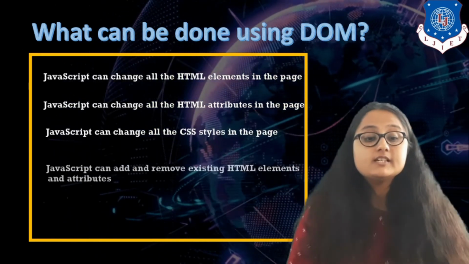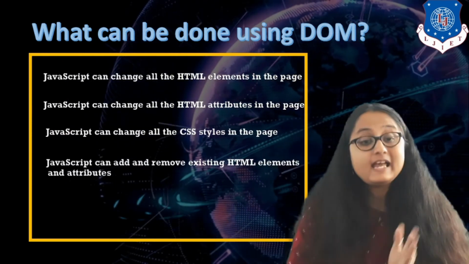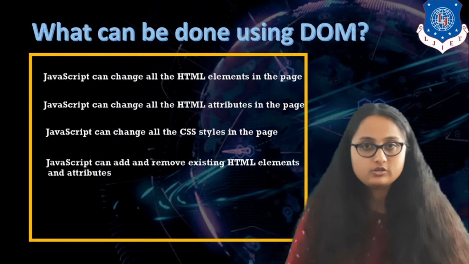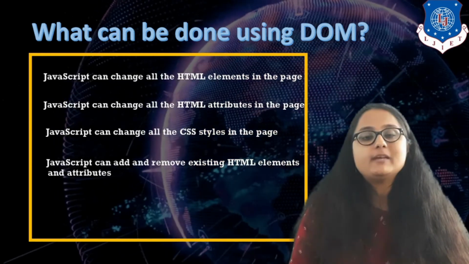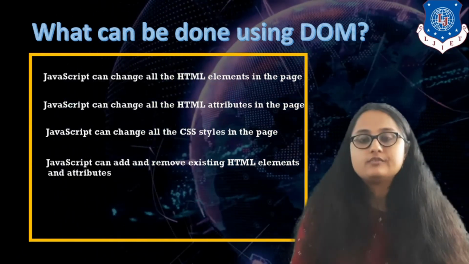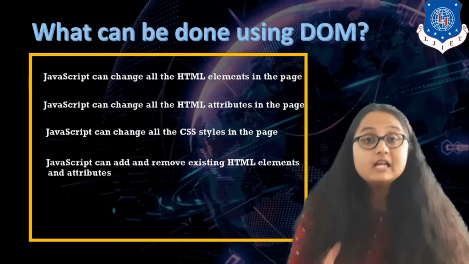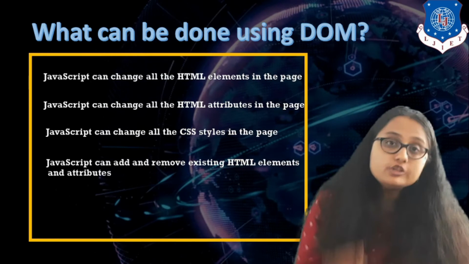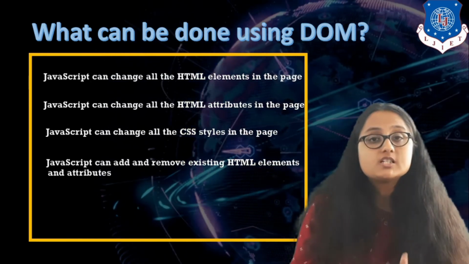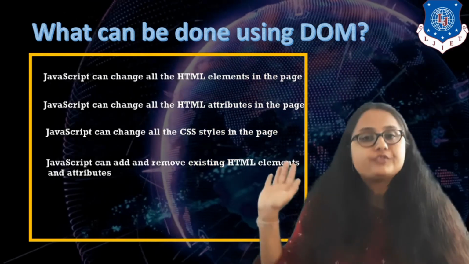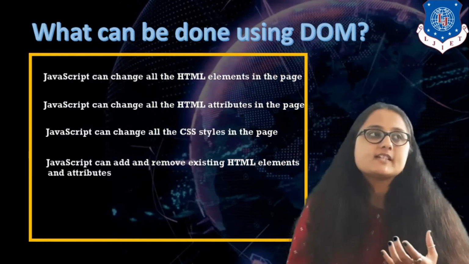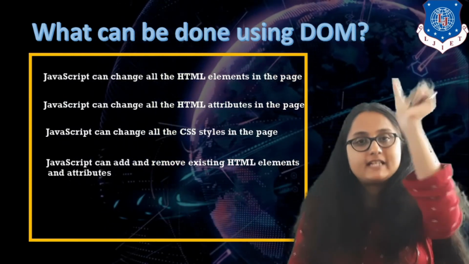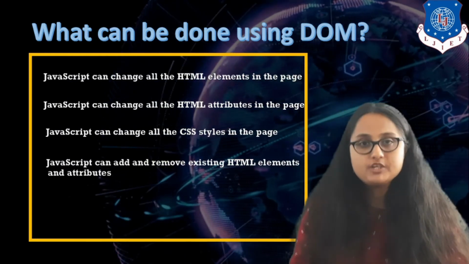The next is you can add and remove existing HTML elements as well as attributes. So you have static HTML elements that you have already written in your HTML code. Dynamically, when you run this HTML page, on the user interaction, if you want some of the HTML elements to be removed from the page, right? So for example, if the user is clicking a particular button, you want that the text box should disappear.